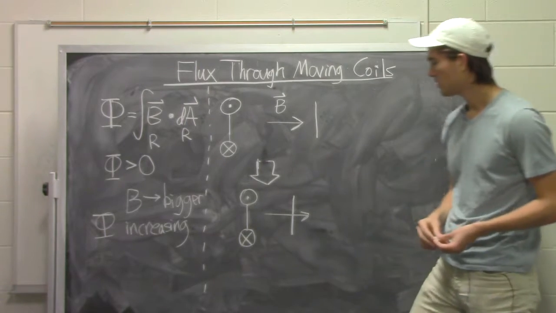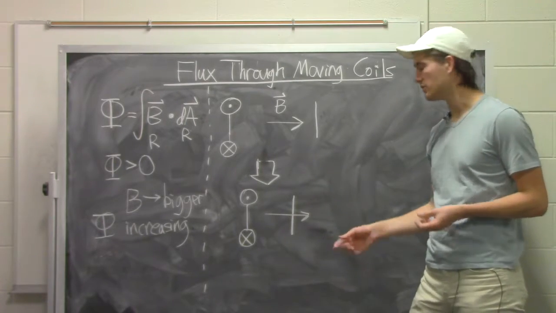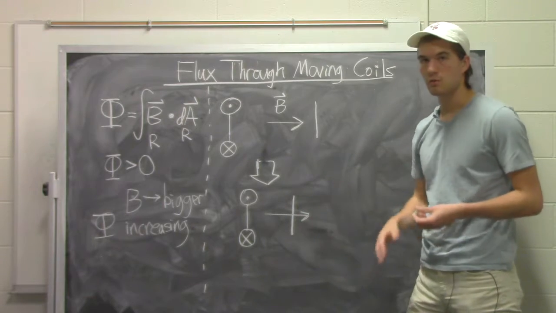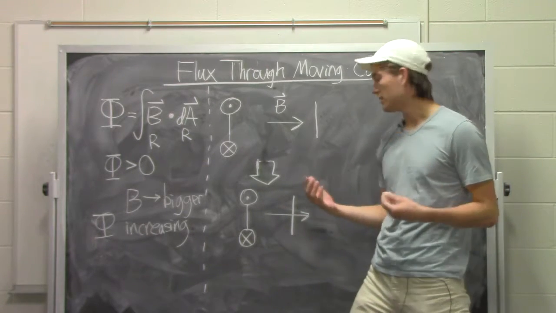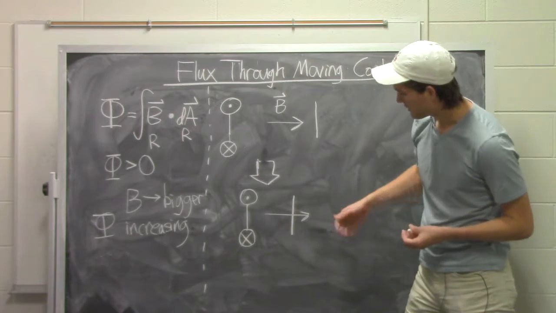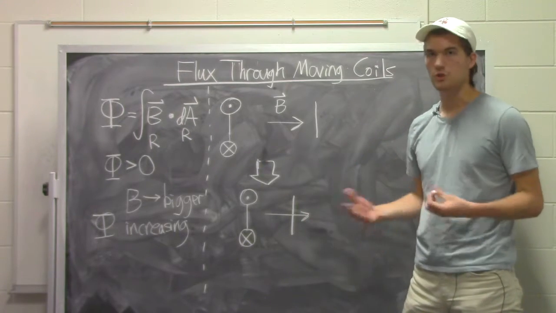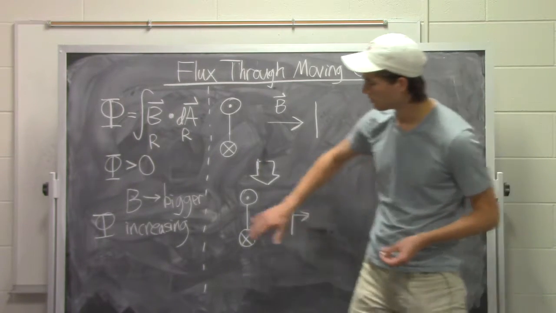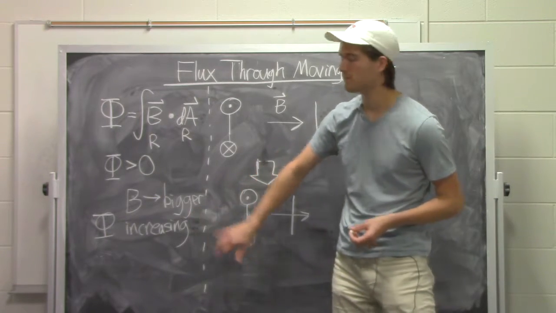So in order to determine the direction of the induced current in this loop, we know that the induced current will create a B field whose corresponding flux would oppose the change in flux.